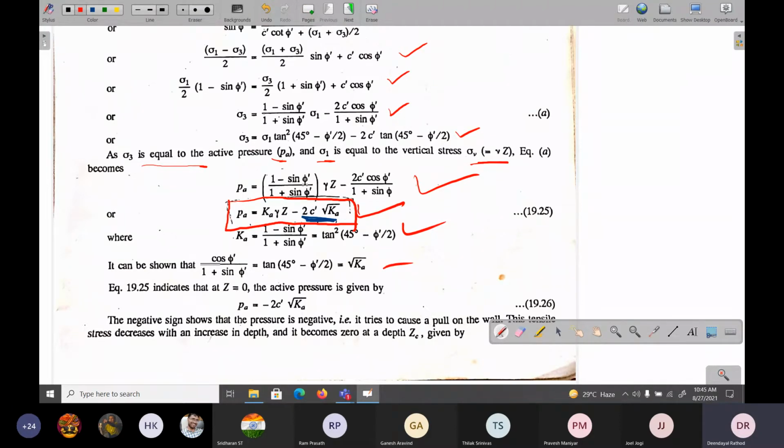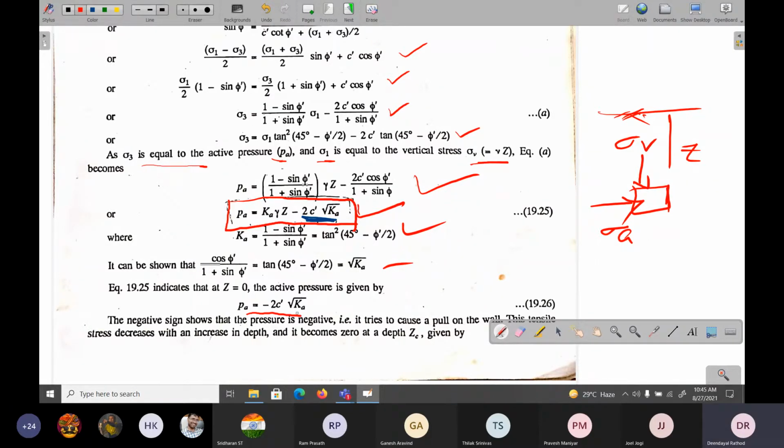Here, suppose we substitute Z equals 0. This is the soil at a depth of Z, and we are taking a small element, with sigma V and sigma horizontal or sigma A. When Z equals 0, this term becomes 0, and then you will get this equation.